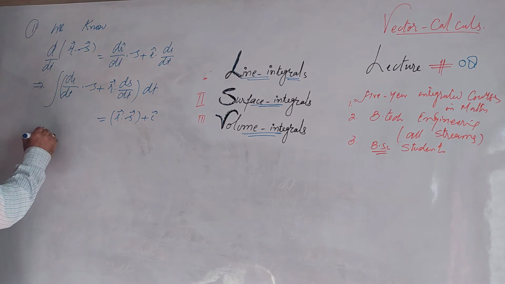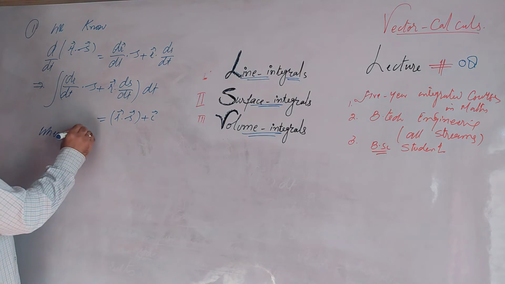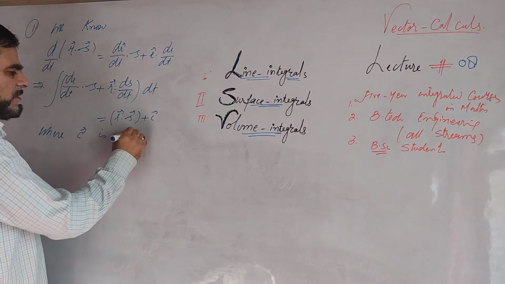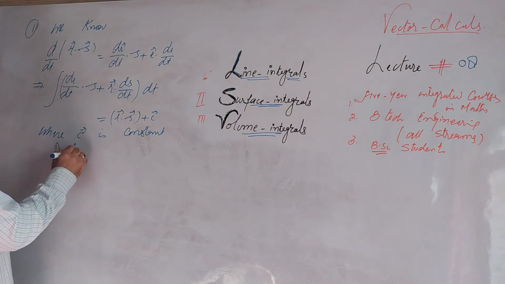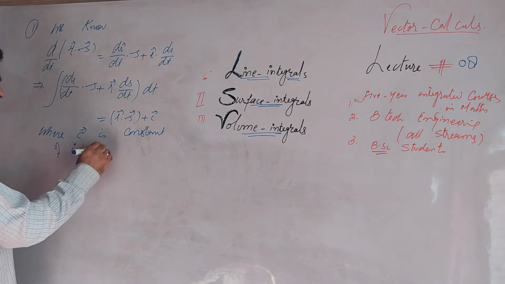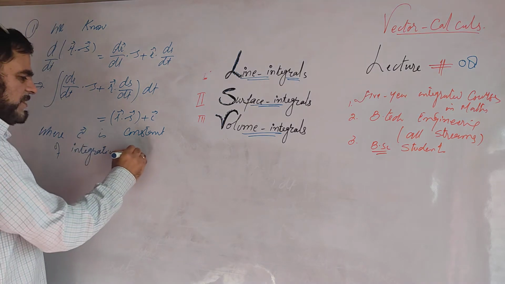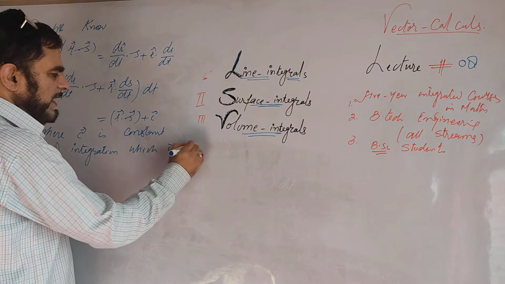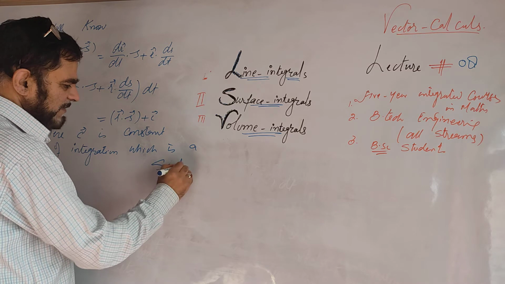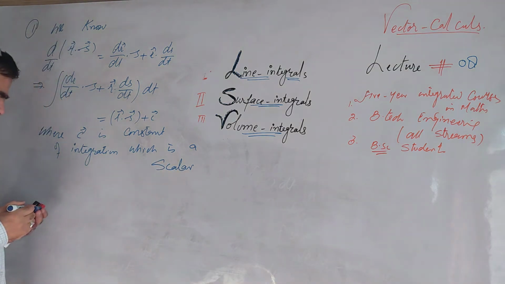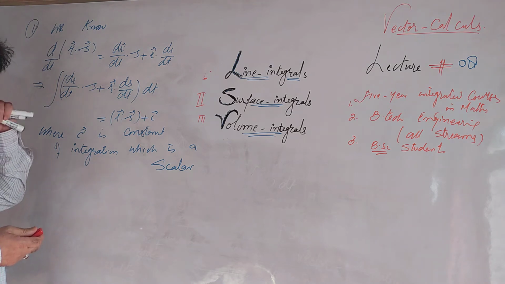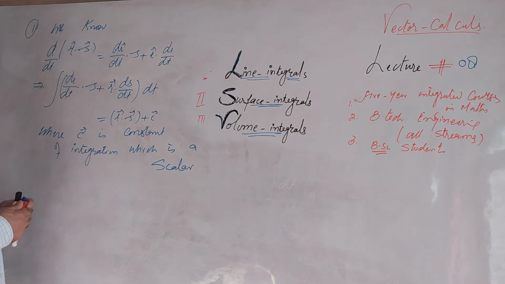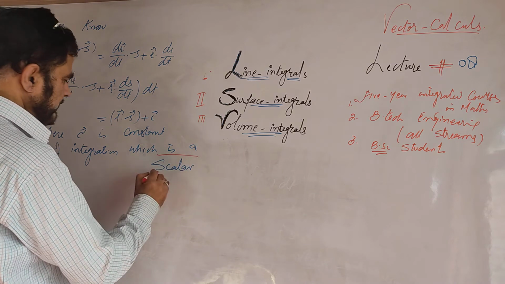So we have found this, where c is the constant of integration, which is a scalar. It is not a vector. I just told you that I will tell you when this constant of integration can be a constant vector, and when it can be a scalar. It is here a scalar. Note it.